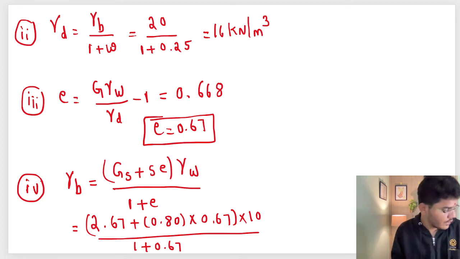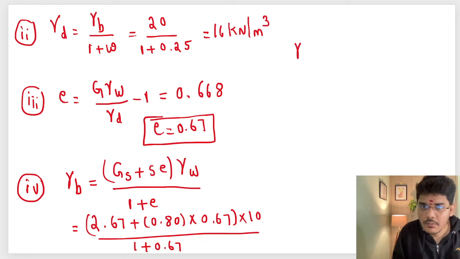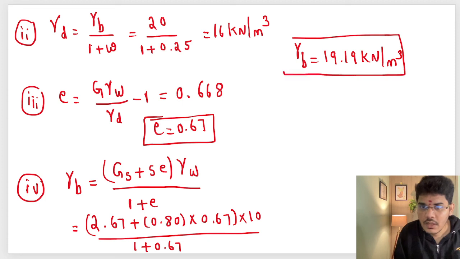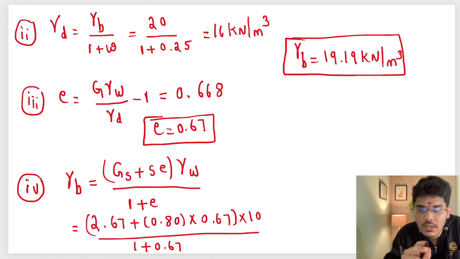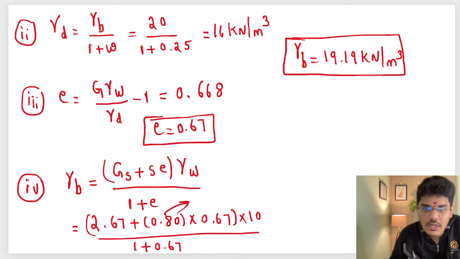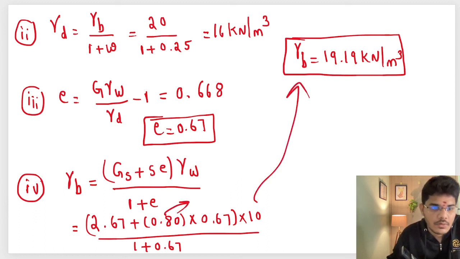So that is 19.19. So gamma b is equal to 19.19 kilonewton per meter cube. That means according to the second condition, at the same void ratio which is calculated from the first part, that only we have used in the second part, but at a degree of saturation of 80%. So this will be the gamma b value.